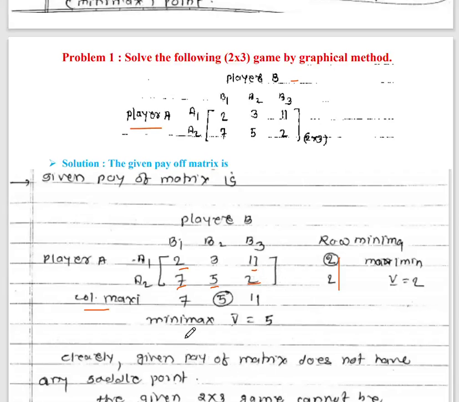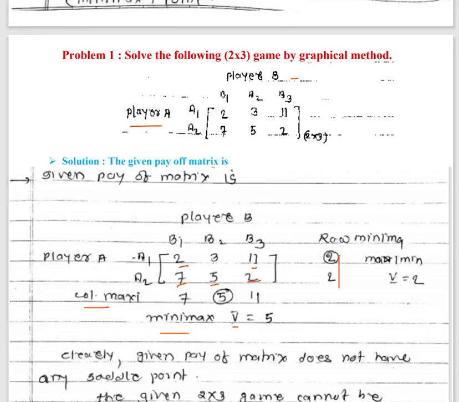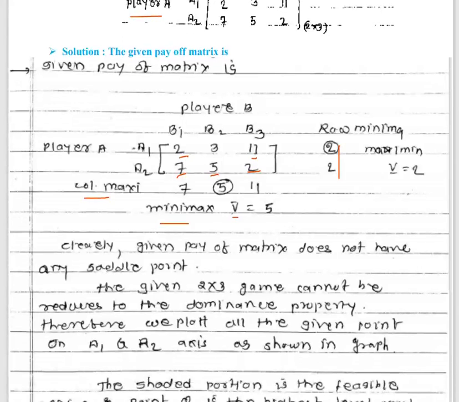Okay, then find the minimax. Minimax means the smallest value in the column maxima, and it is denoted by upper v bar, which is equal to 5. Okay, so dear student, if you observe the given payoff matrix, there does not exist any saddle point. That means this game is without a saddle point. Okay, so the given 2 by 3 game cannot be reduced by the dominance property.